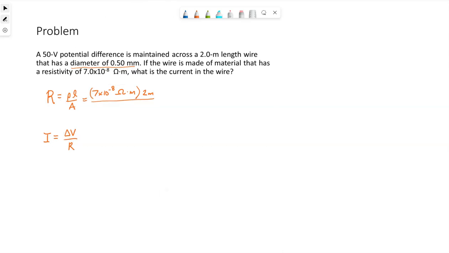Area is pi r squared, where r is the radius. Since we're given the diameter, we need half of that, and we will square it.